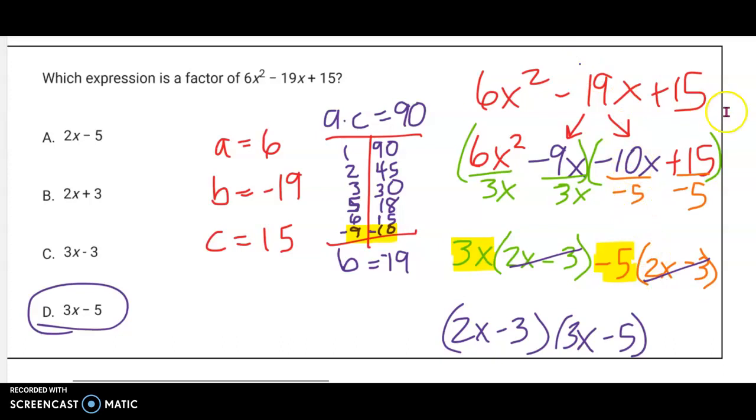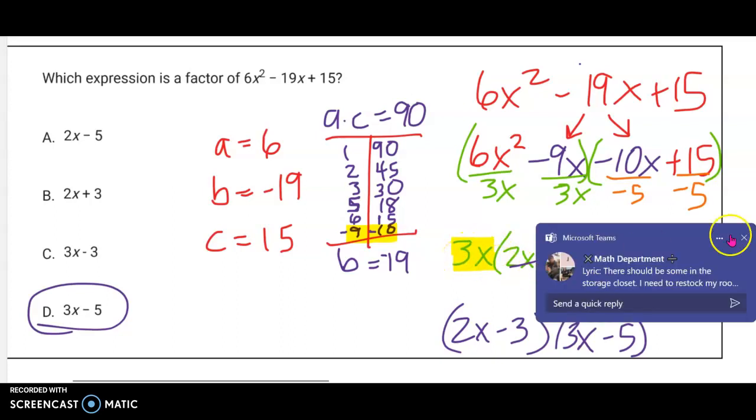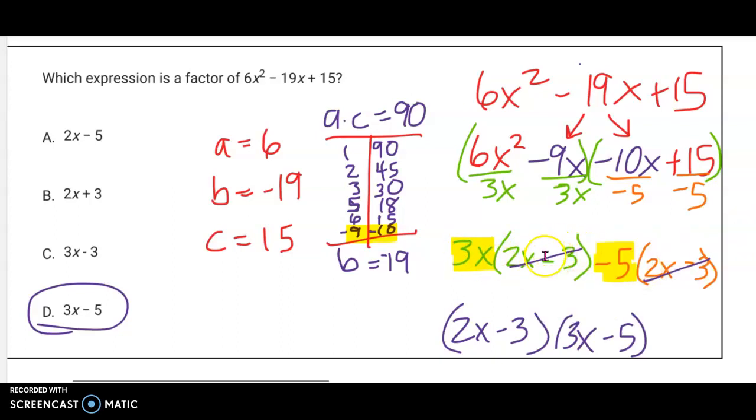Okay, then I split the -19 into -9x and -10x, grouped them, found their GCFs, divided by those GCFs. You can see the GCFs are here highlighted in front of the parentheses. And then we knew that those two parentheses that were the same, knew that our answer was right, wrote that as one of our factors, and then marked them out.